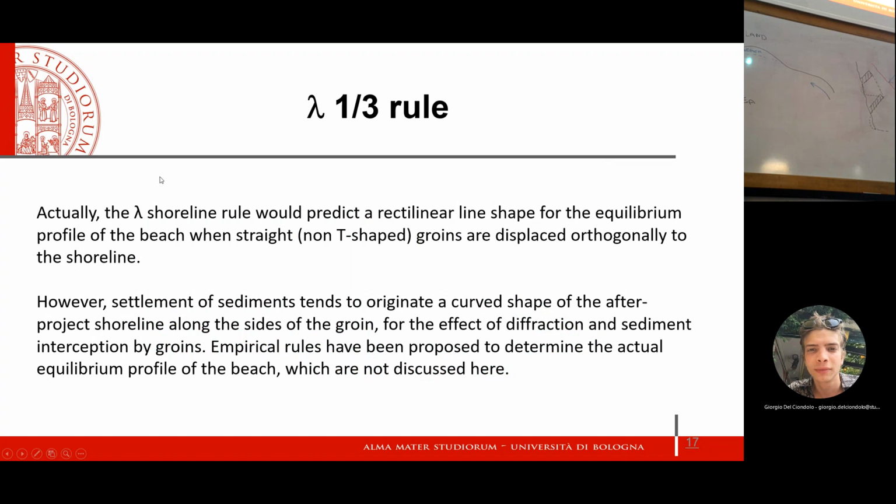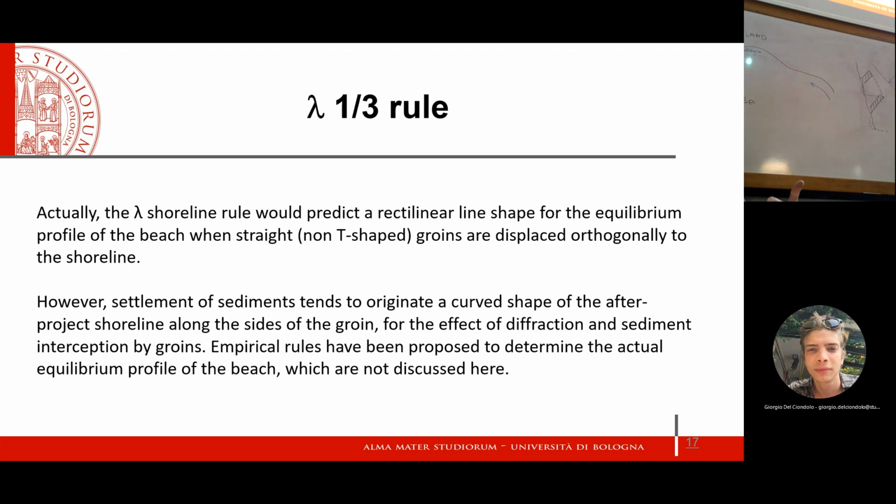Okay, I already mentioned this consideration. Actually, what we get is not precisely the shape that is suggested by the lambda rule, but it's a smooth version.